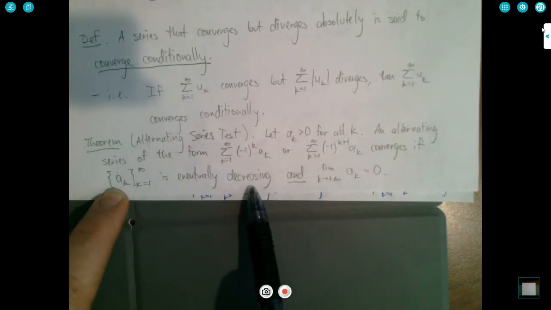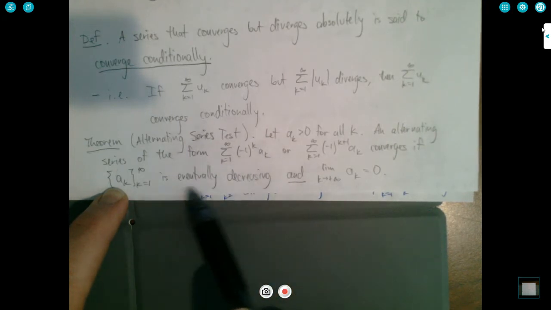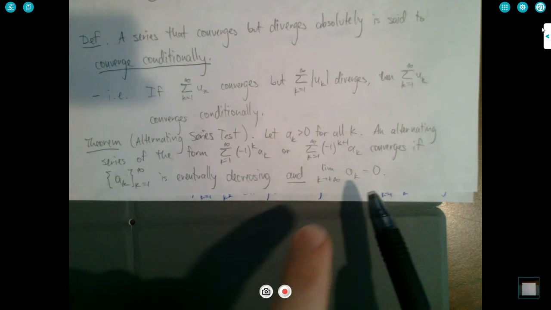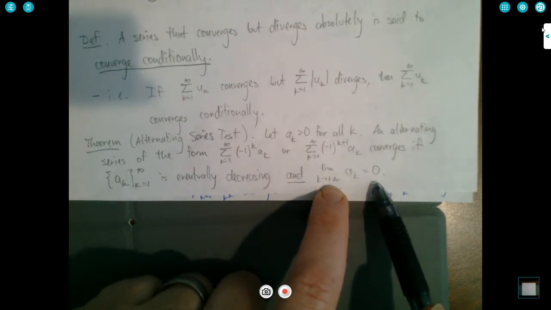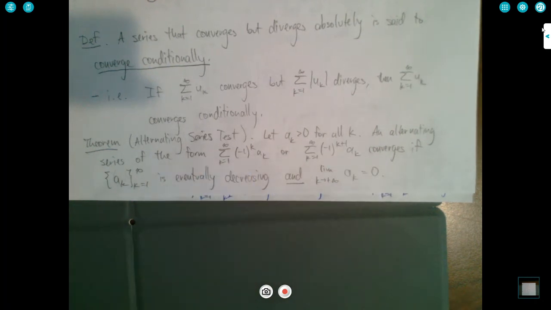It doesn't even have to be decreasing all the time, nor does it have to be strictly decreasing, but it does need to be eventually decreasing. So if the sequence of the absolute values of this term is eventually decreasing, and if the limit of the a_k goes to 0, then these series converge.